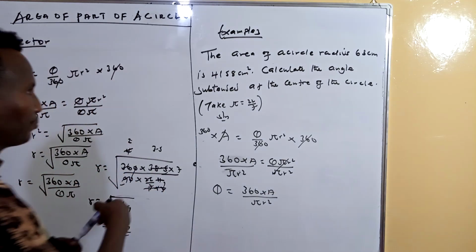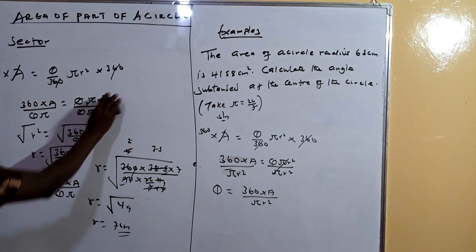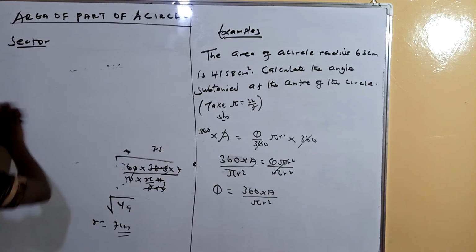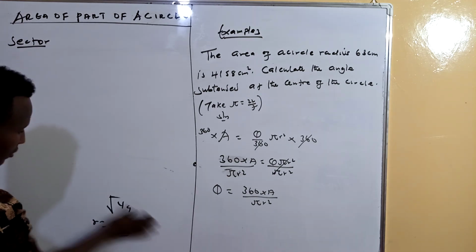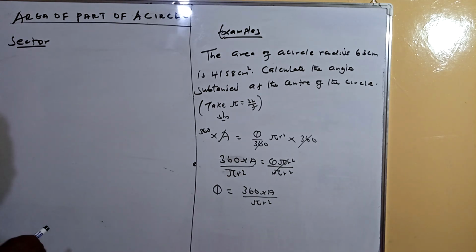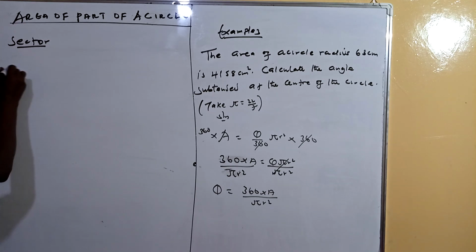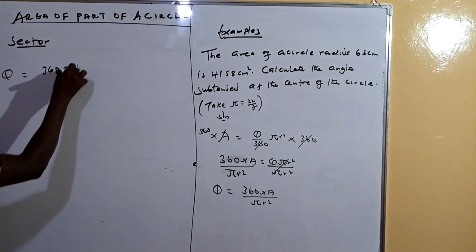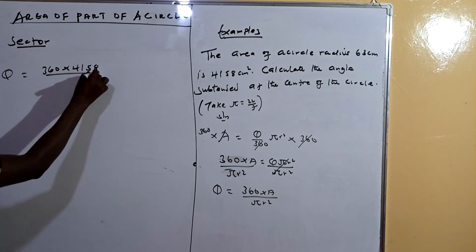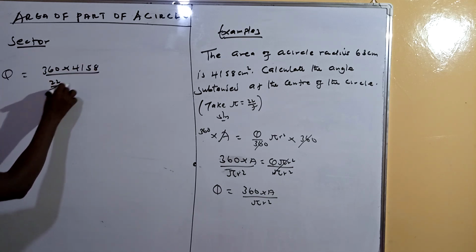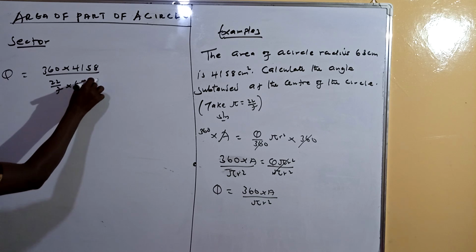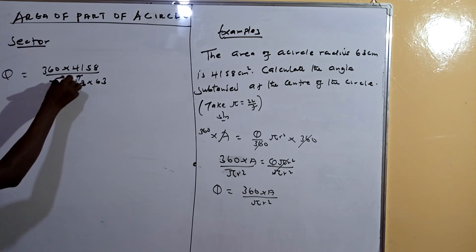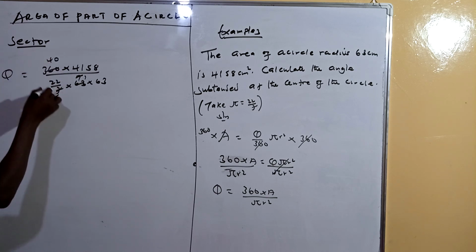So from there, let's come here. We're going to say theta therefore is equal to 360 times area, which is 41.58, divided by pi r squared, which is 22 over 7 times 63 times 63. 7 by 63 is 9; 9 by 9, 1; 9 by 9, 1; 9 by 90 is 40.